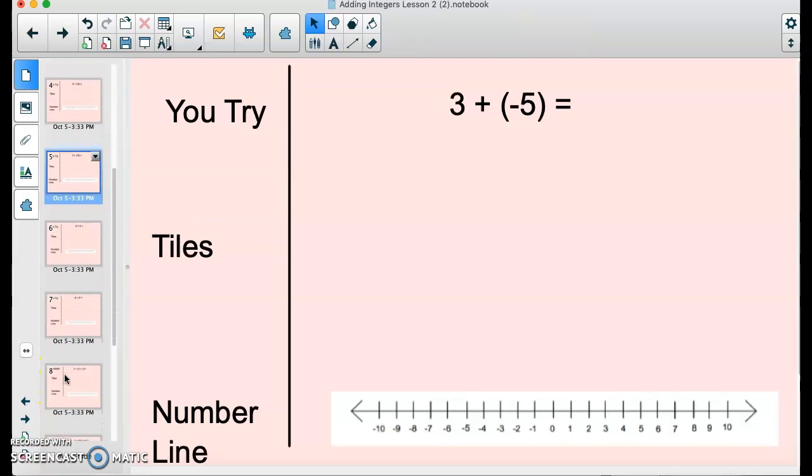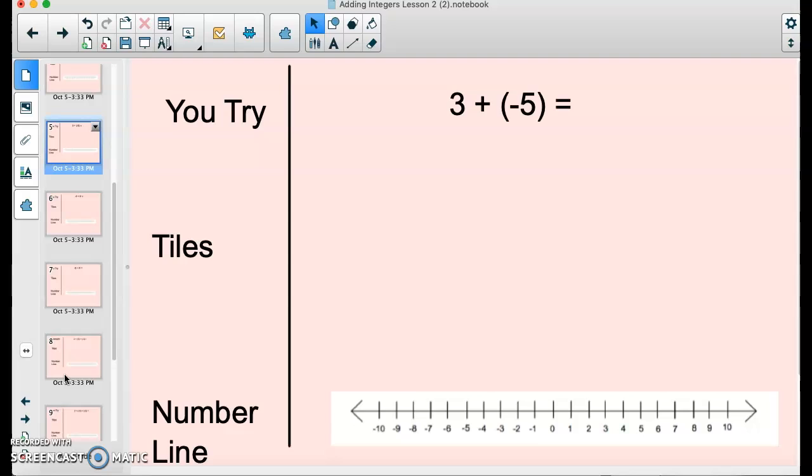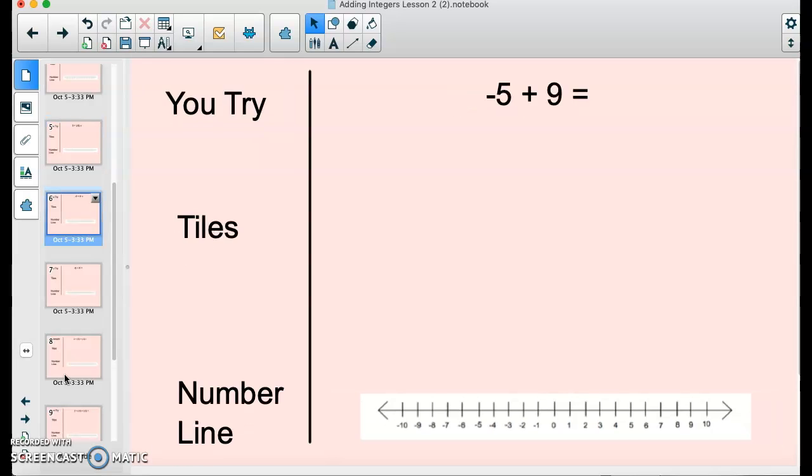Here's another one you get to try: 3 plus a -5. Your third one, -5 plus 9. Fourth one, -6 plus 8.